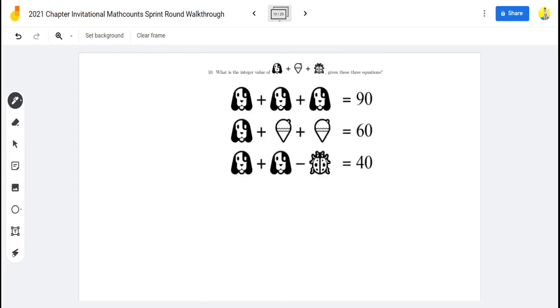What is the integer value of dog plus ice cream cone plus ladybug given these three equations? Let dog equal x, ice cream equal y, and ladybug equal z.